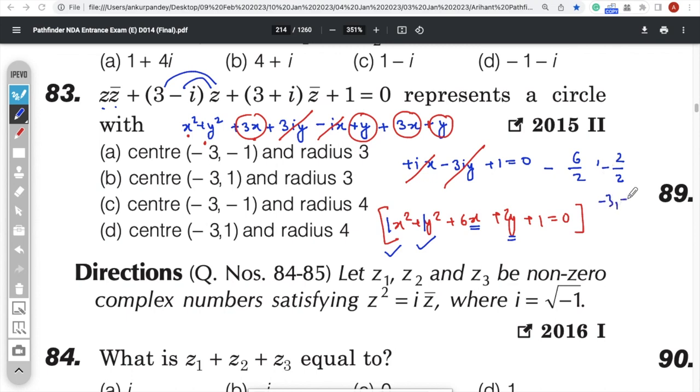So minus 3 comma minus 1. How to find the radius? Radius is the square of the center's x part plus the square of the center's y part minus the constant part. The constant part is 1. So the answer is 3.